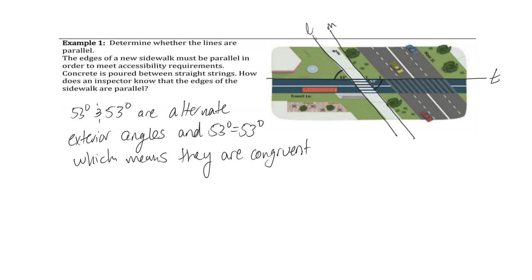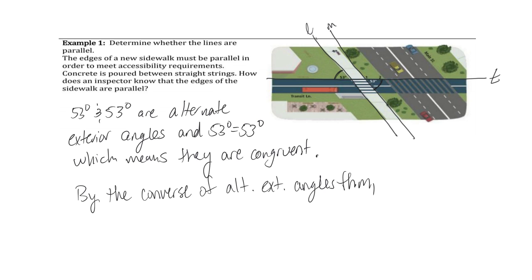Now, if they're congruent and alternate exterior angles, then by the converse of alternate exterior angles theorem, right, which is if two angles are congruent and they're alternate exterior, then the two lines are parallel.